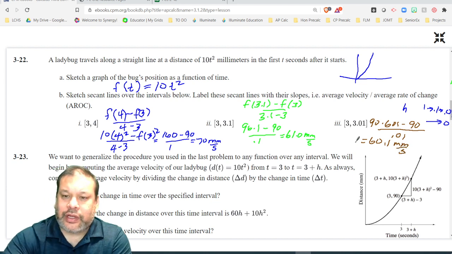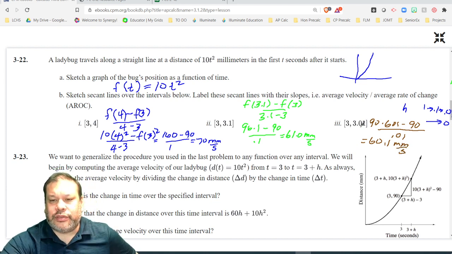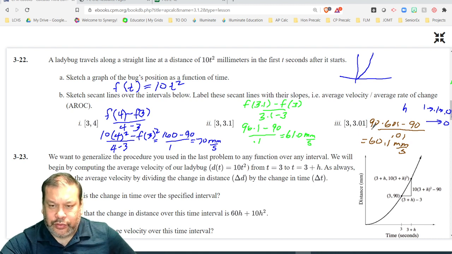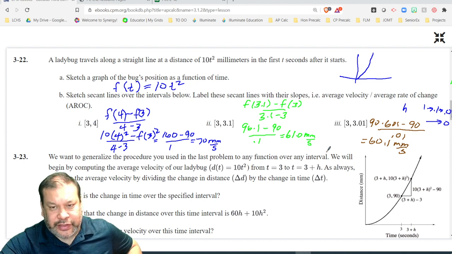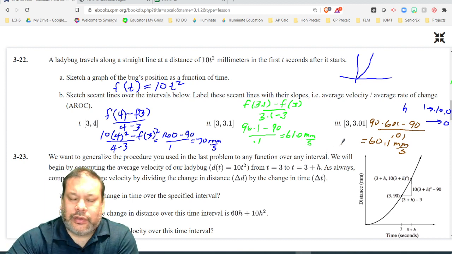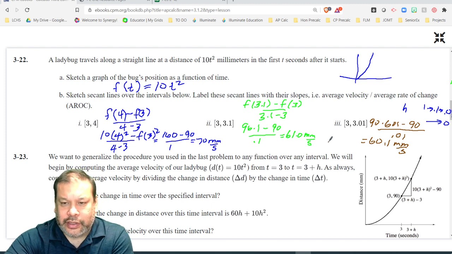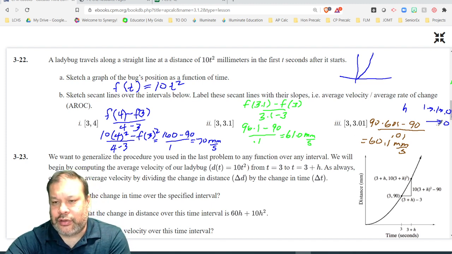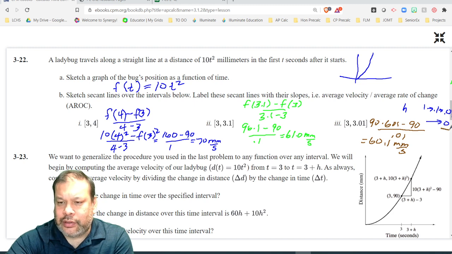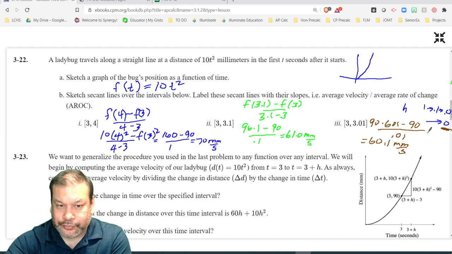And you see, if you get closer to 0.01, you're approaching 60 millimeters per second for the instantaneous rate of change. Even though the problem doesn't ask for the instantaneous rate of change, you're going to be approaching 60 as you get closer to that change of 0.